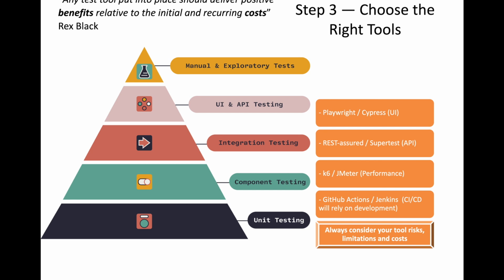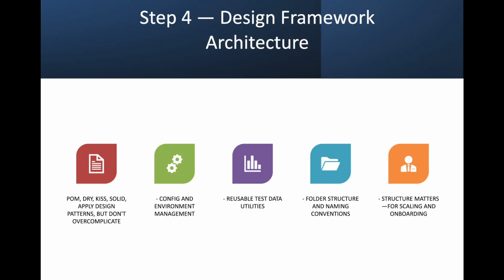The next step is, okay, let's imagine we'll be designing our framework architecture. We're not writing any code so far, but we've got to think twice beforehand. What are we going to do there? We're going to follow page object model or some other models. We will definitely follow best practices, like don't repeat yourself, keep it simple, SOLID principles.